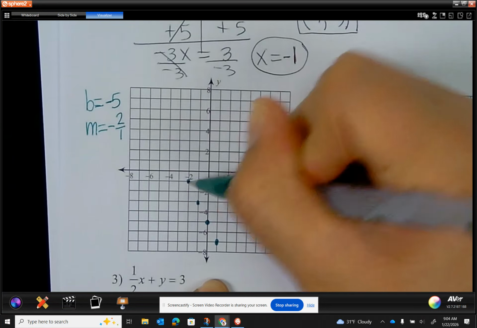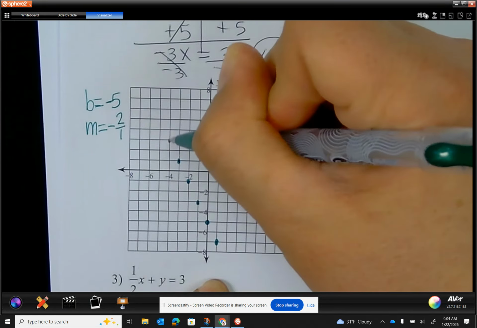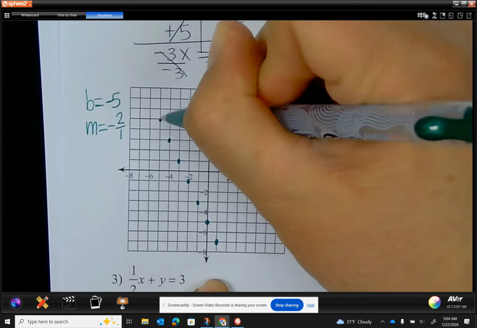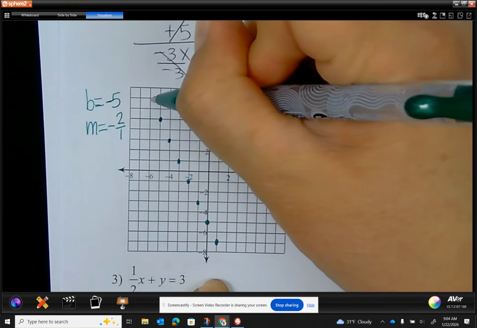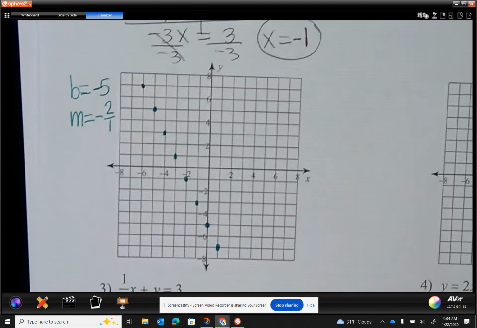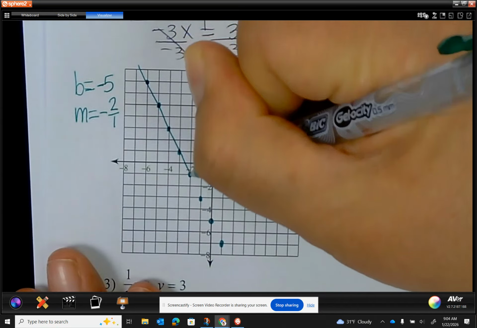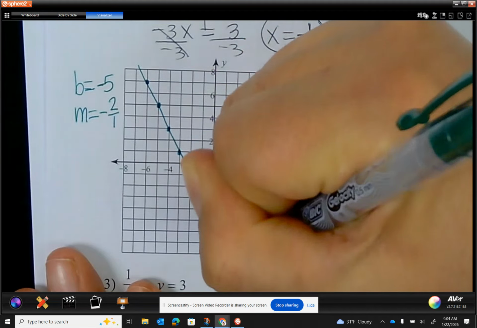Up 2, left 1. I have so many students that will not extend the line. You are going to fit as many lattice points as possible until you cannot fit them anymore. So then we are going to sketch a line that goes through all of those points.